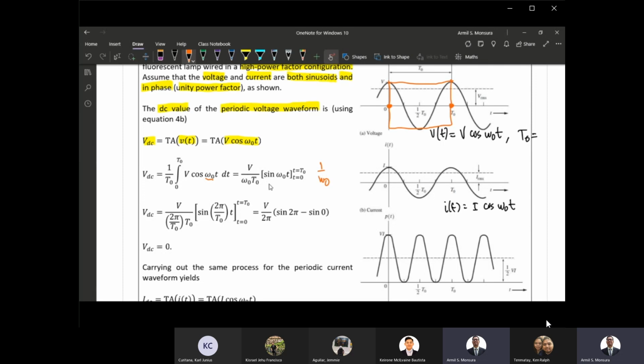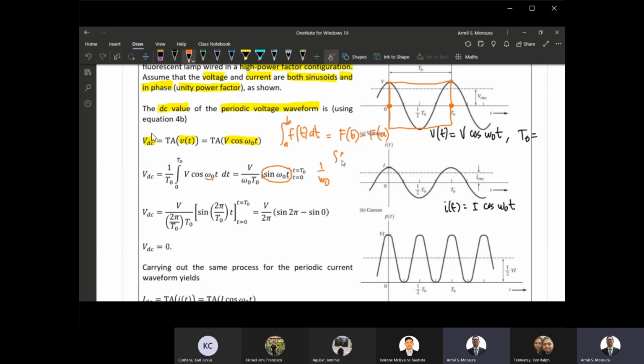And then the integral of cosine is simply sine omega 0t. Now, since this is a definite integral, we will have to evaluate this function as F of B. If you want to recall, yung definite integral natin, F of t dt from A to B is F of B minus F of A.